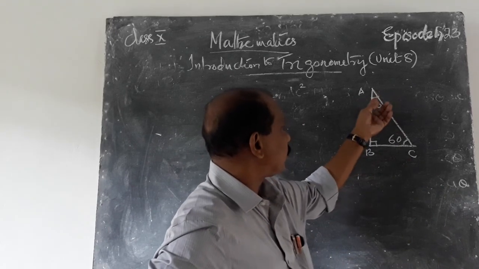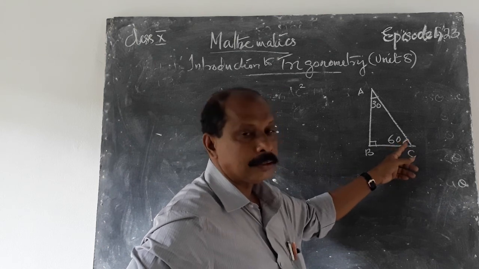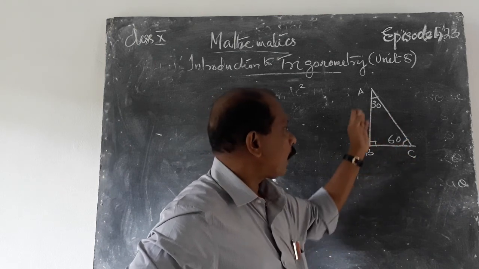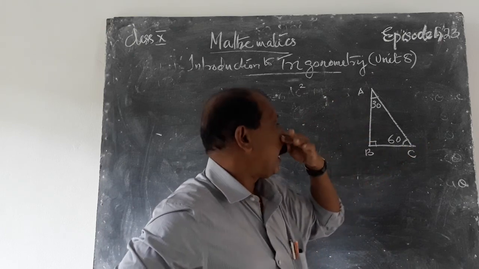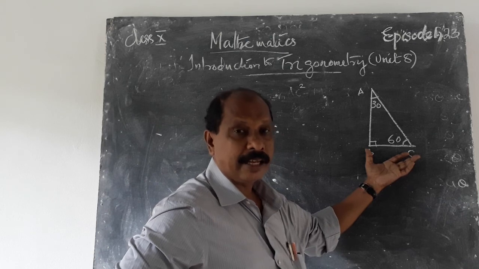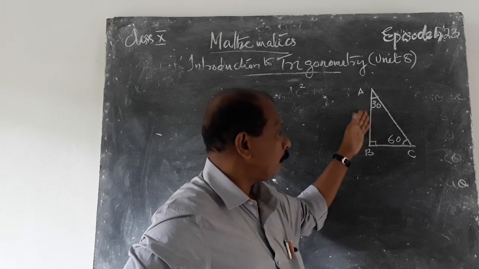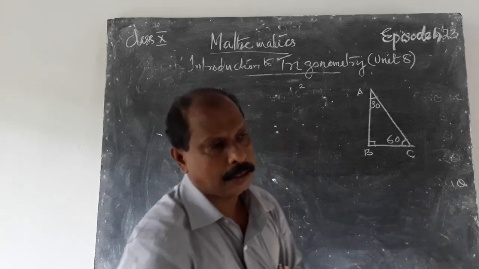Therefore, the side against 30 is smaller and the side against 60 is larger. Therefore, there are three sides. The hypotenuse is always the largest side, and from this figure, BC is less than AB and AB is less than AC because that is a right angle triangle.